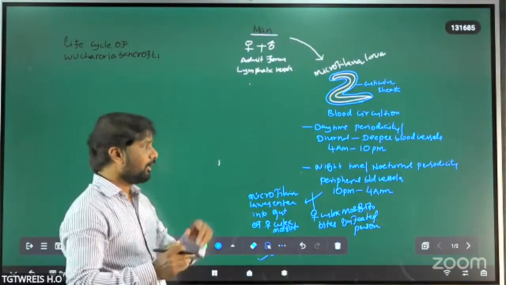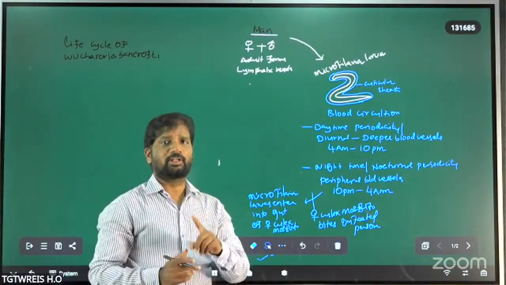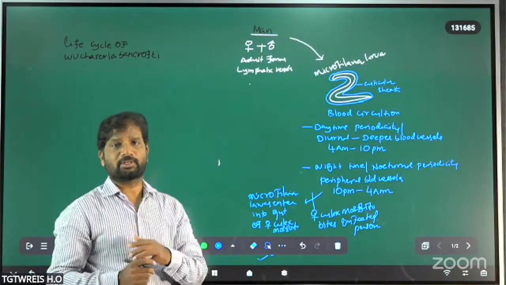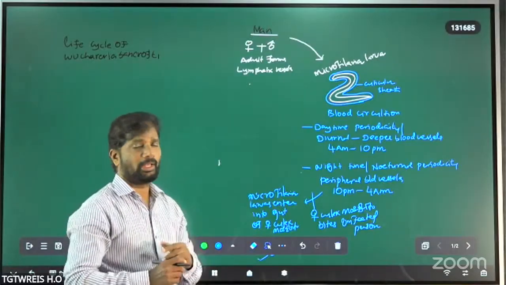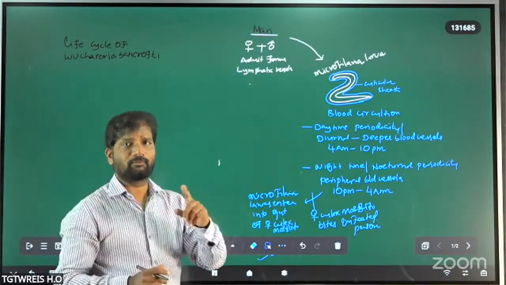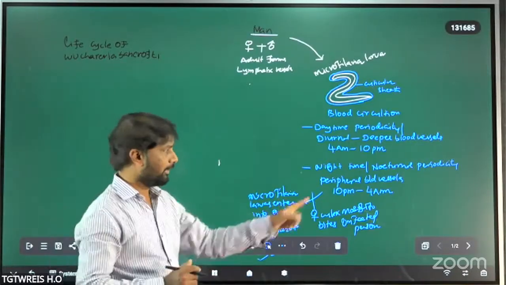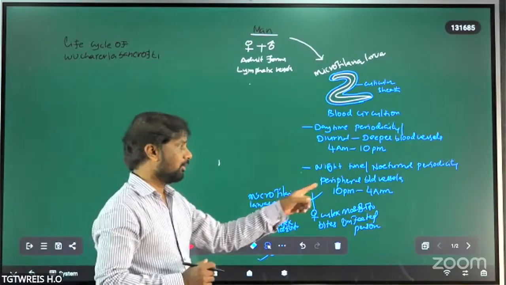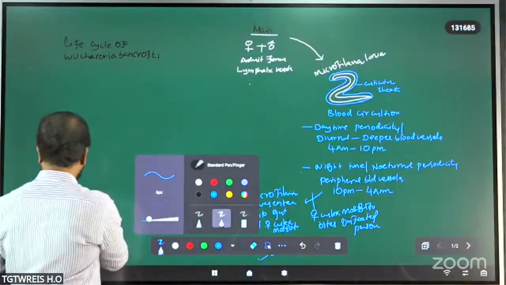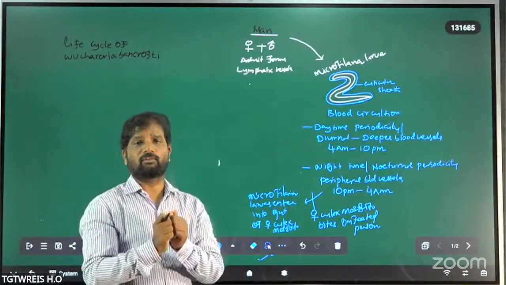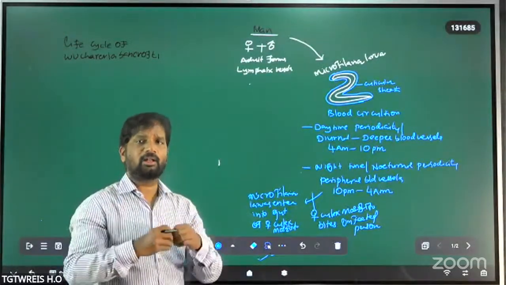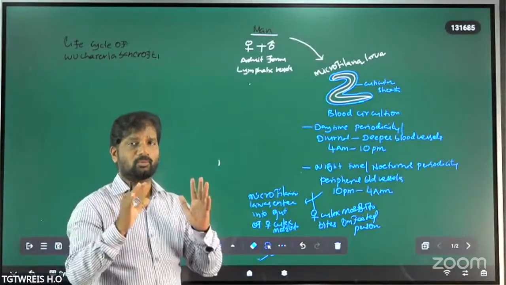When the microfilariae larvae are present in the peripheral blood vessels, at what time are they present? Night, 10 p.m. to 4 a.m. At that time, when the female Culex mosquito bites an infected person, through its blood sucking habit, these microfilariae larvae enter into the alimentary canal or gut of the female Culex mosquito.